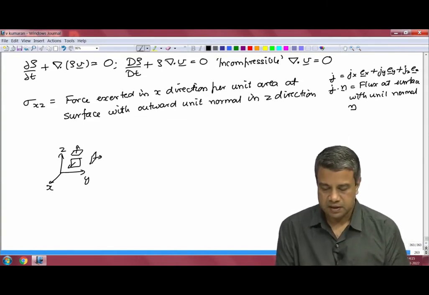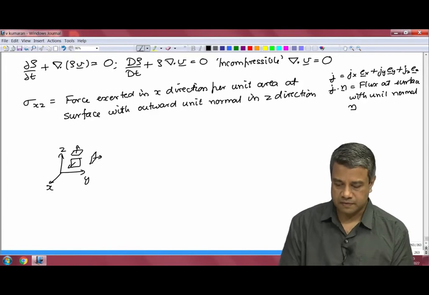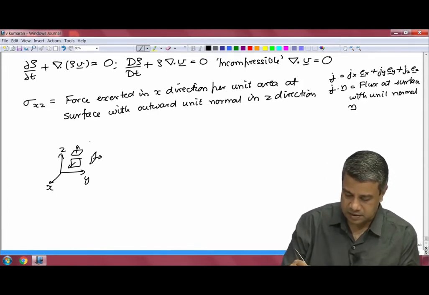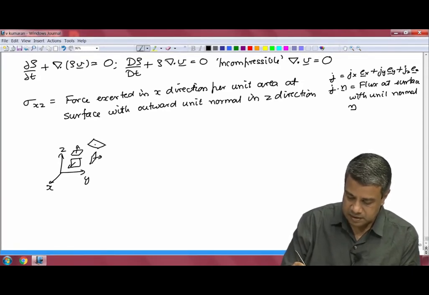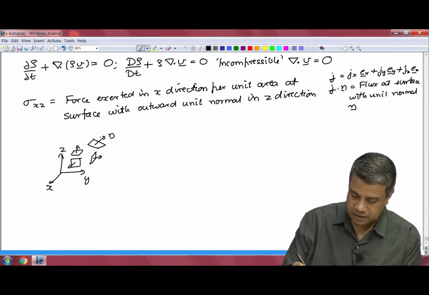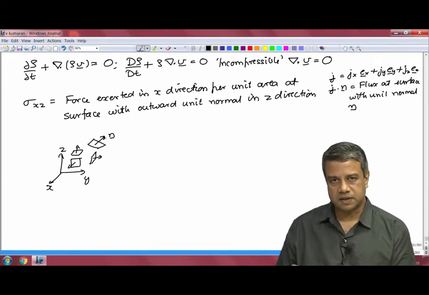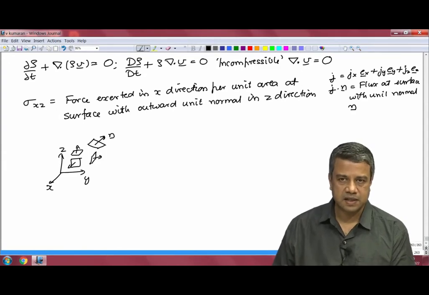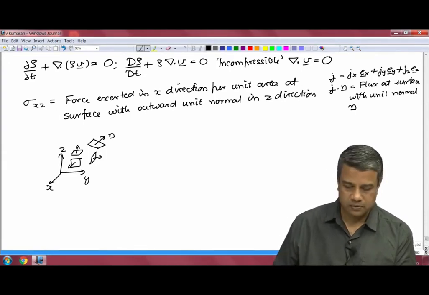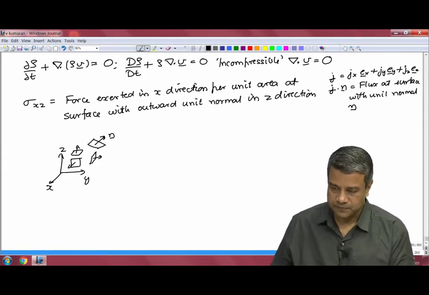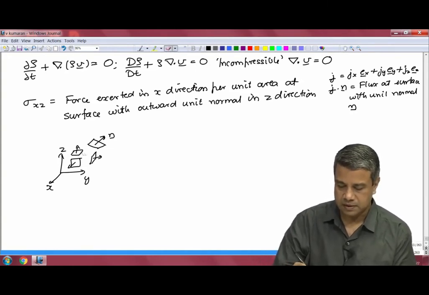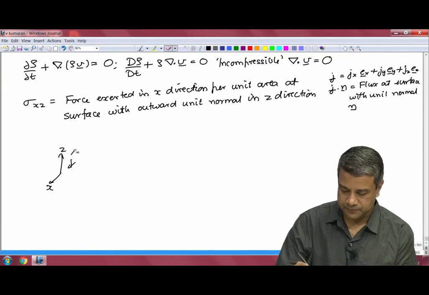If I have a surface with unit normal in some arbitrary direction n, the flux across that surface will be j dot n, that is jx times nx plus jy times ny plus jz times nz, where nx, ny, nz are the components of a unit vector.